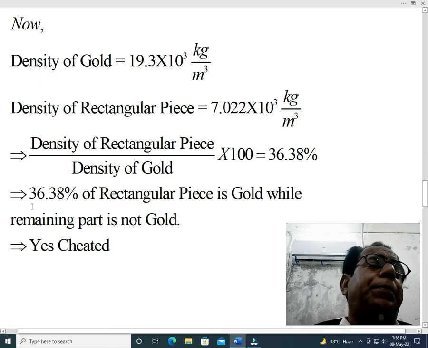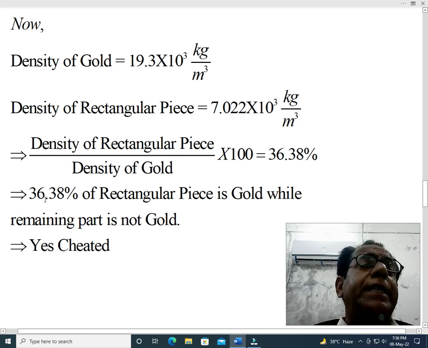When we subtract this figure from 100, the remaining percentage will be that of impurity. So impurity is considerably larger than purity, and hence specimen is not as per requirement, and hence we are cheated.